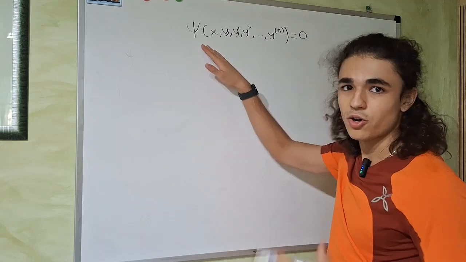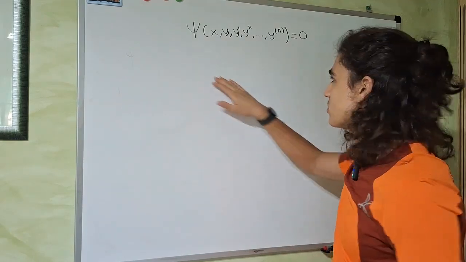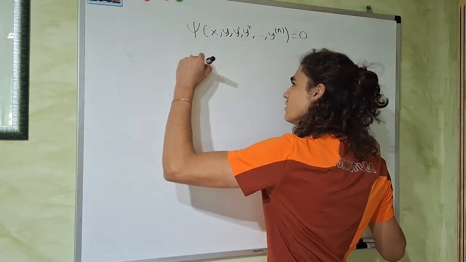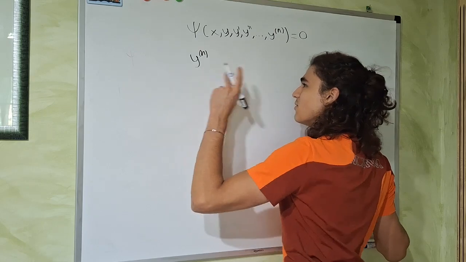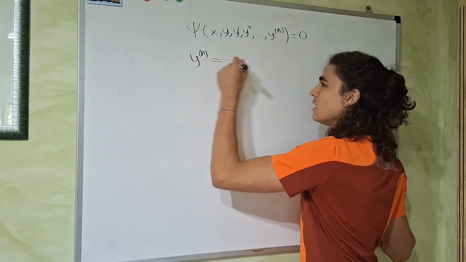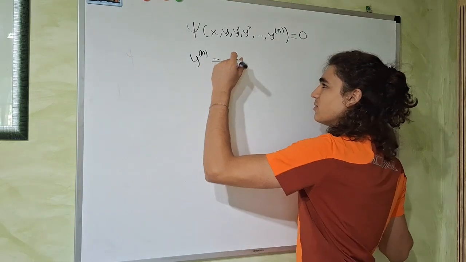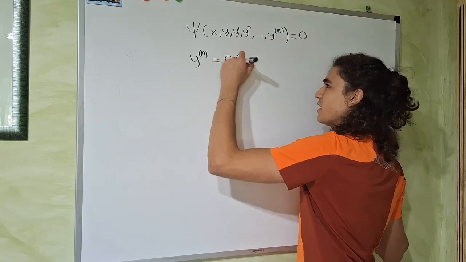This is called the non-normal form of a differential equation. Then if we can isolate the nth derivative of y, we can put this equal to, for example, theta.